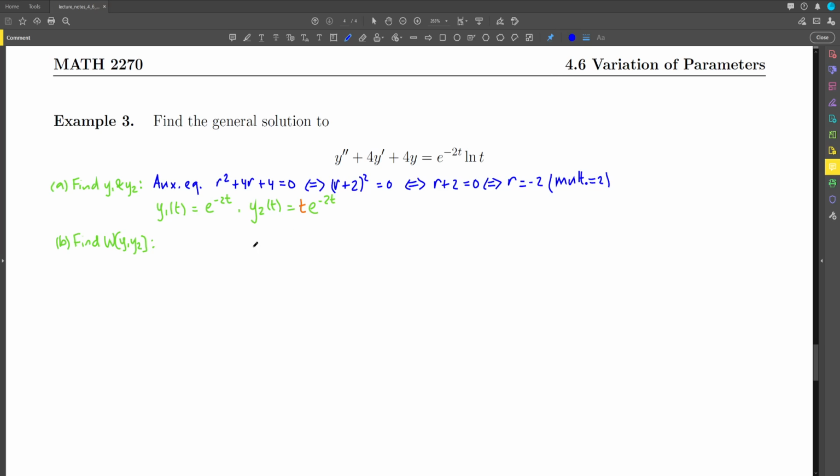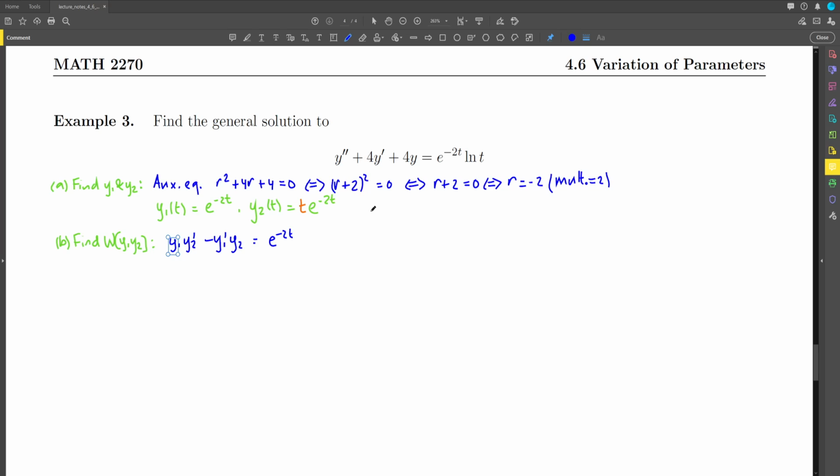The Wronskian is given by y1 times y2' minus y1' times y2. And so y1 is equal to e^(-2t). And now we need the derivative, so let's do this.